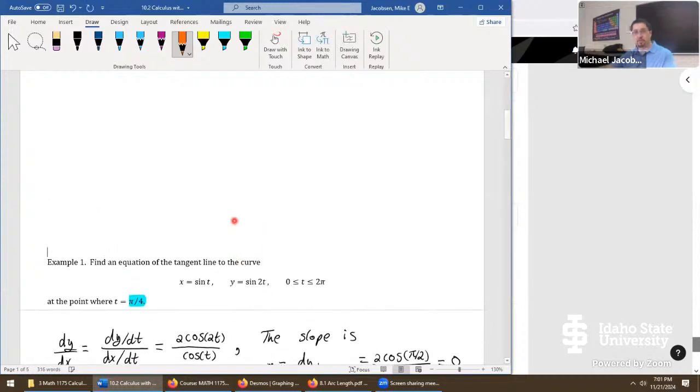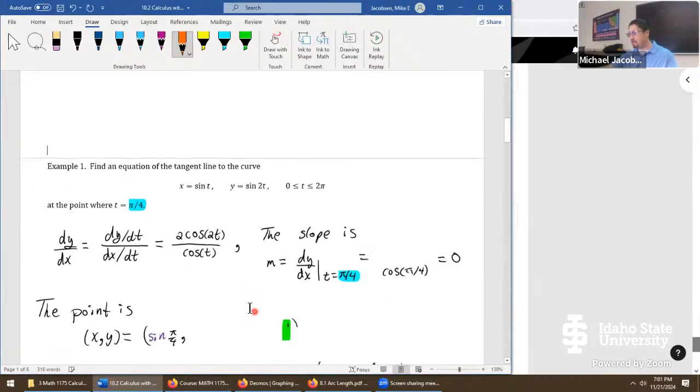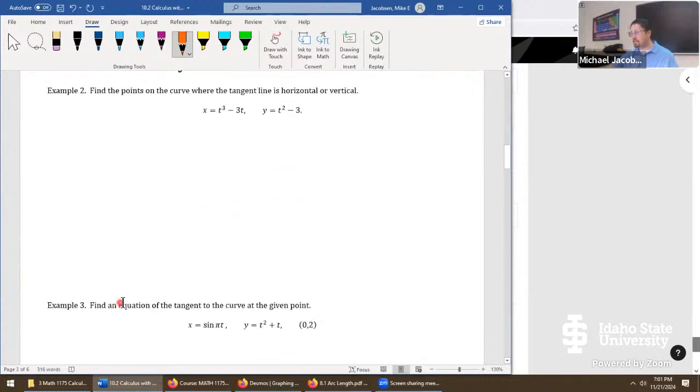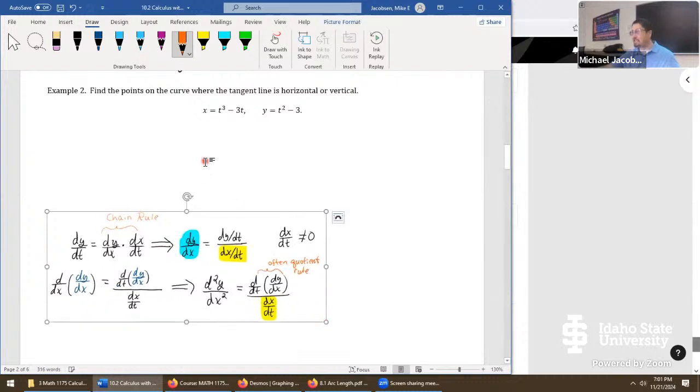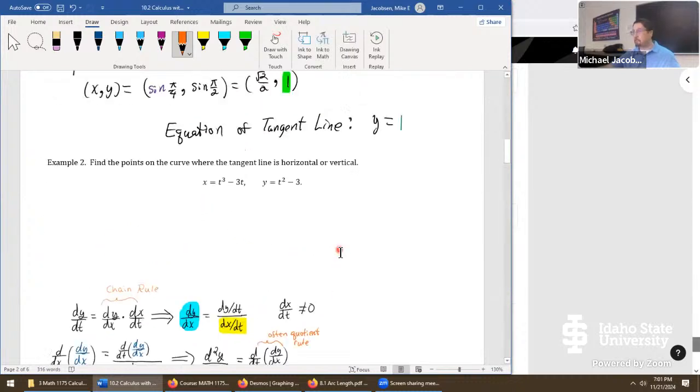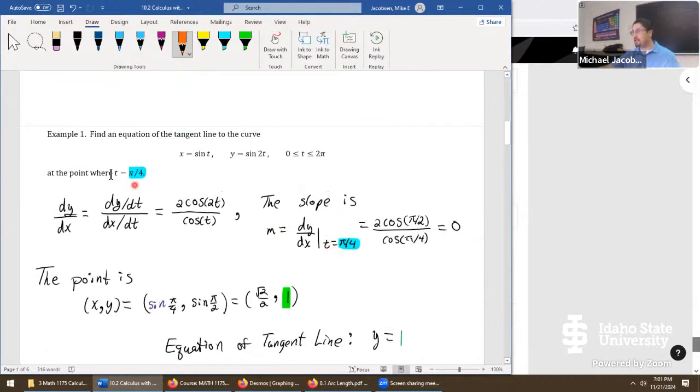Because this is all new content though, we're going to take these results down here and just walk along down the notes with them as we go, in case we need to refer to some of these things. What we did on the first problem up here is look for the equation of the tangent line when the parameter is equal to pi over 4.